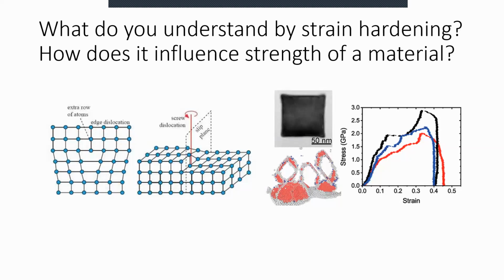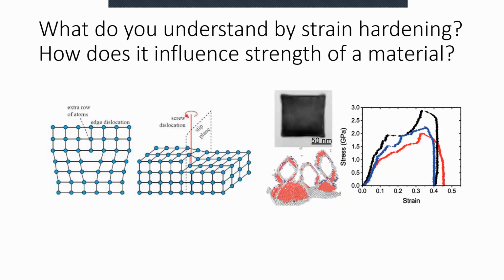The first dislocation provides some resistance to the second, which is at the back of it. The second provides some resistance to the third, and it continues. Due to piling up of these dislocations, the material resists the applied force or applied stress.